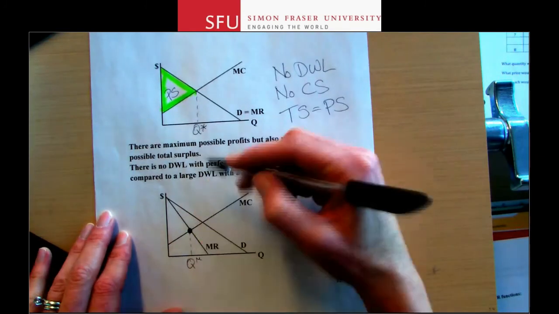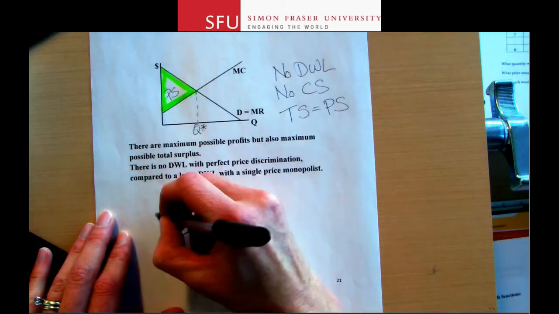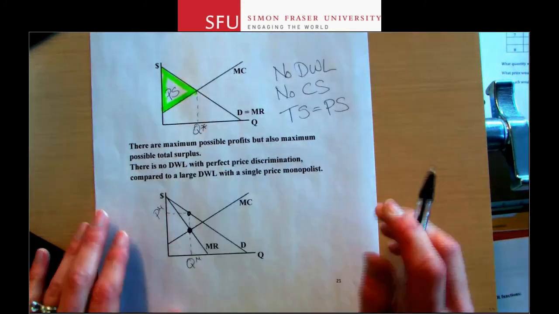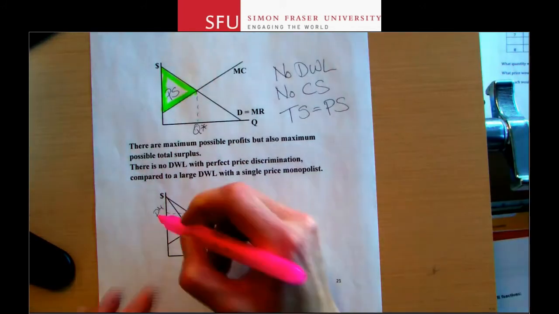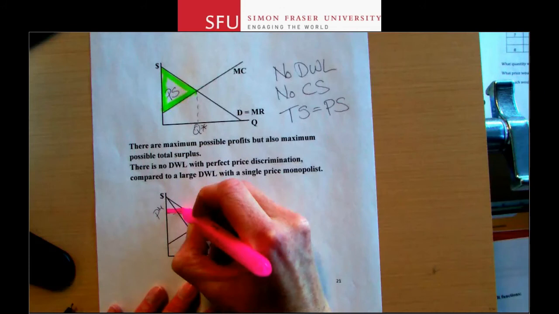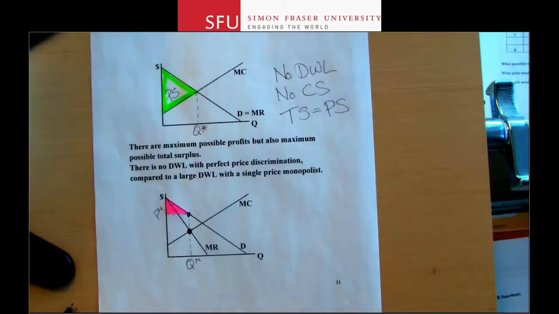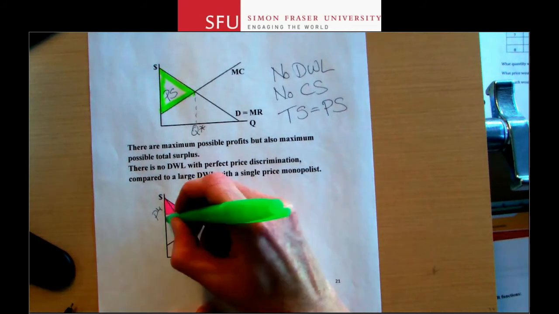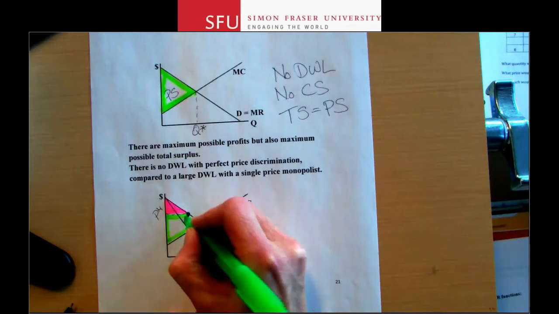And then going up to the demand curve, this was the price that they would charge for everybody, so a single price monopolist. So consumers would pay that price there, and so then the consumer surplus would be here, and the producer surplus would be the trapezoid shape between the price and the marginal cost.